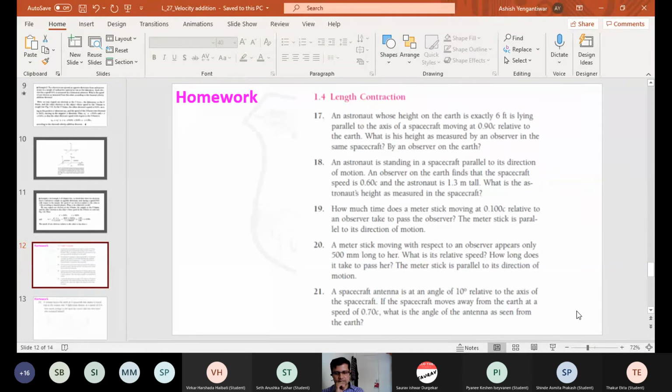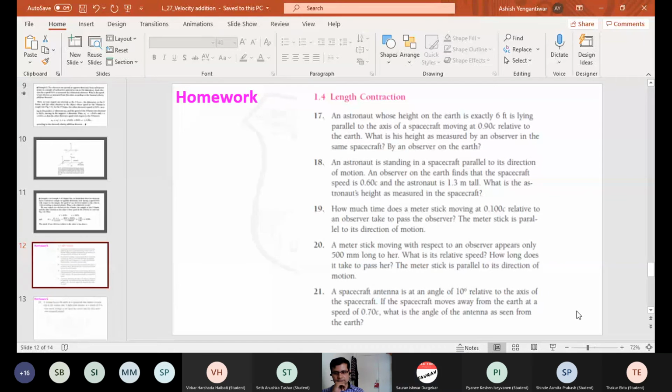Is it your question, or do you have something? I was asking what their component will be. You mean to say, if the angle is going to change, the angular component is going to change, then what is the corresponding angular change? Sir, in kinematics, if we are given speed, then we calculate its component along the x-axis and y-axis by the v cos theta or v sin theta formula.